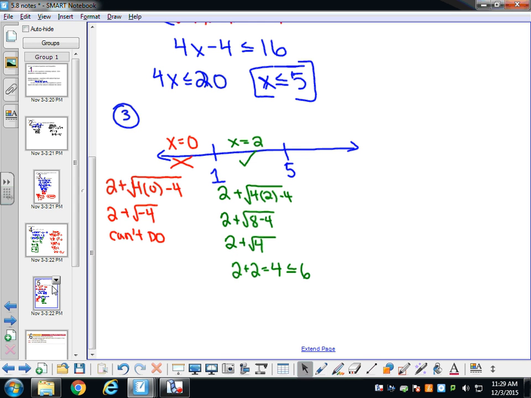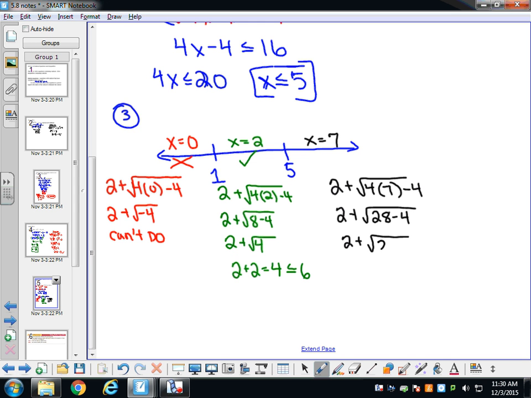And then I test something bigger than 5. So if I choose let x equal 7, then I get 2 plus the square root of 4 times 7 minus 4. 2 plus the square root of 28 minus 4. 2 plus the square root of 24.